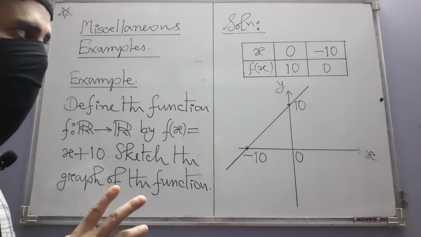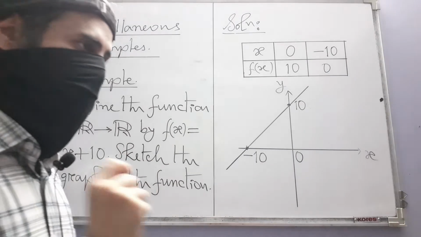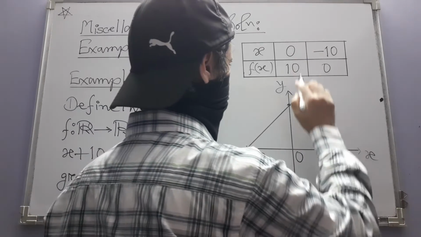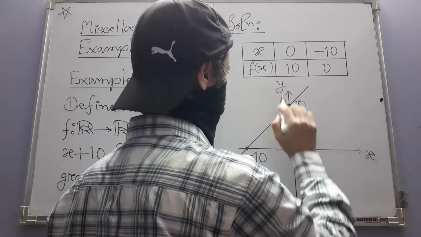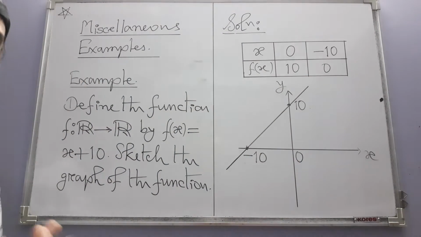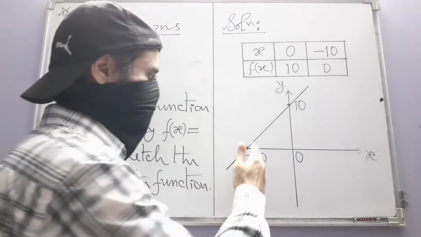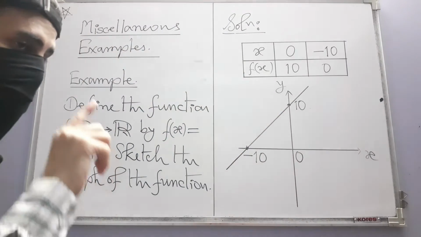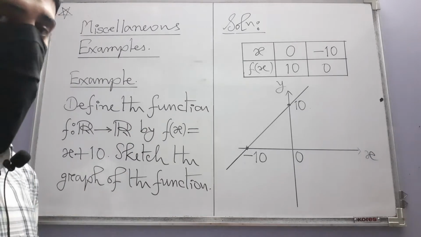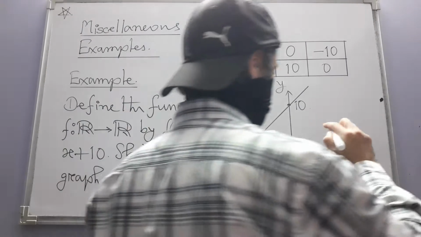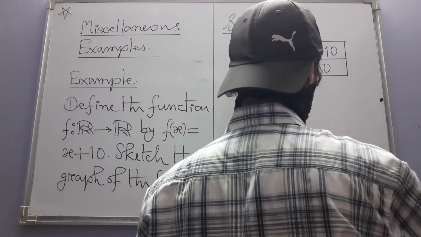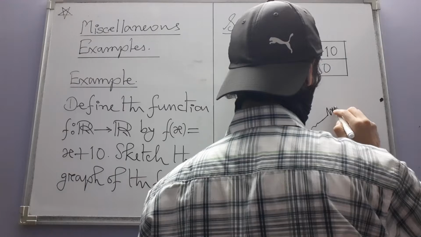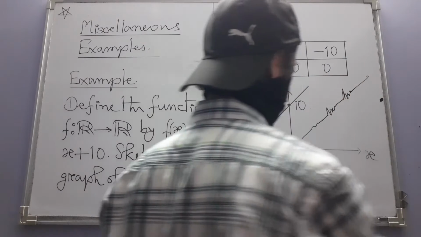Although no matter how many points you take, there still is that question which remains. For example, say here I am saying that the graph is a straight line, but what is the guarantee? Say instead of taking these 2 points, you take 100 points. But in between those 100 points, there are other points also. So who knows, maybe the graph goes through them like this. But in between, the graph oscillates.